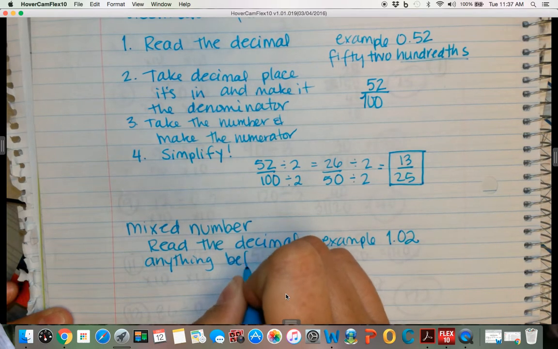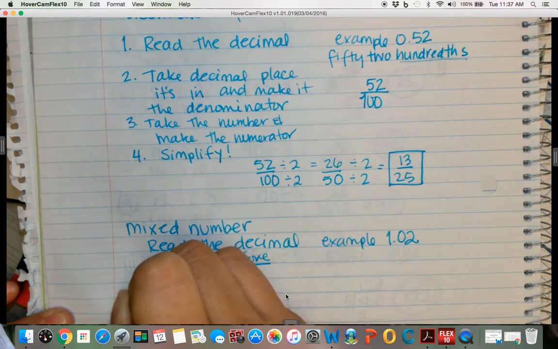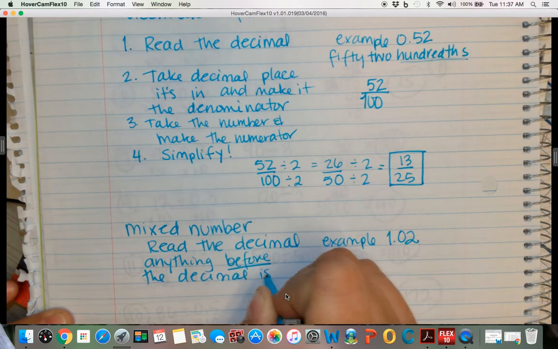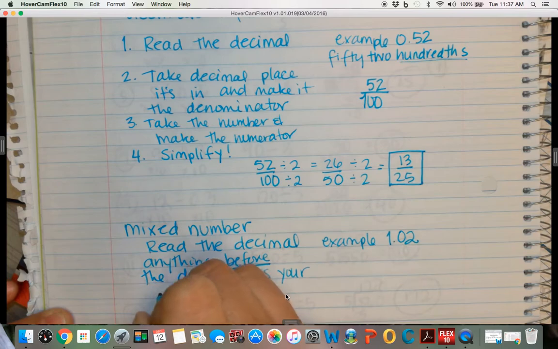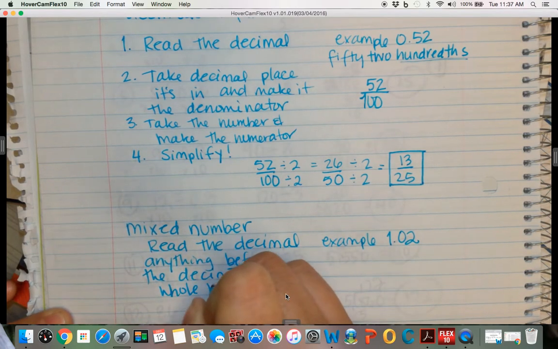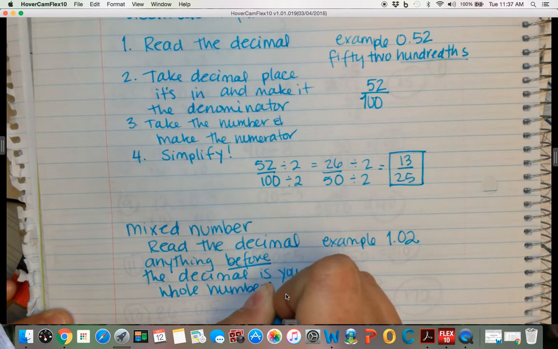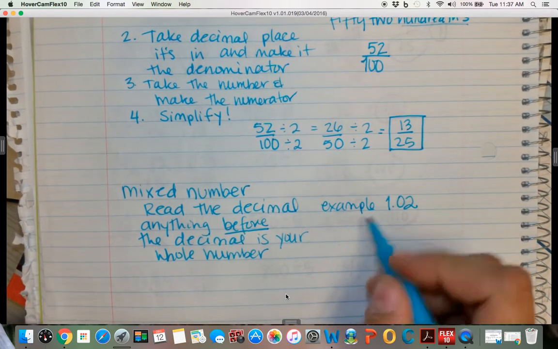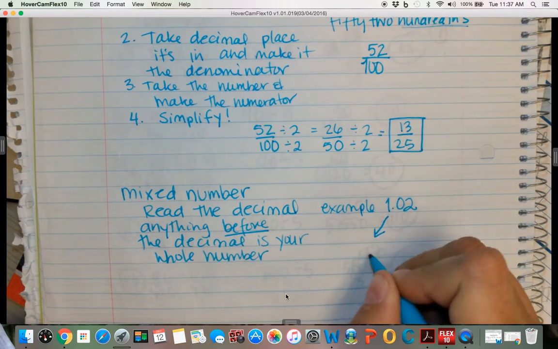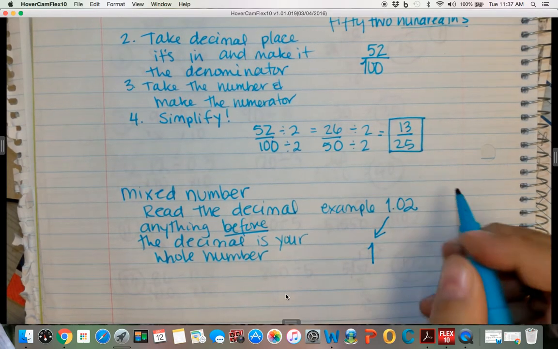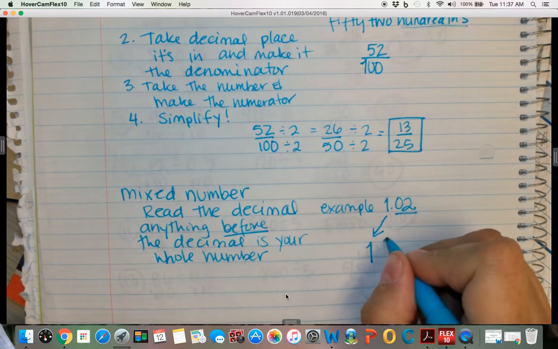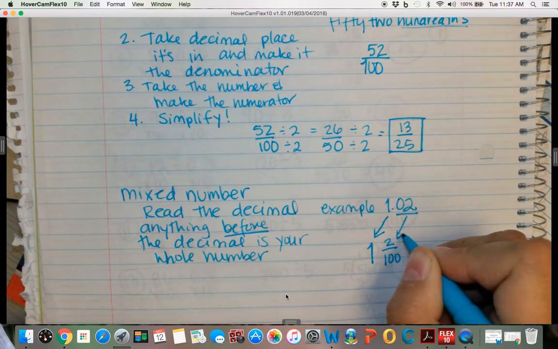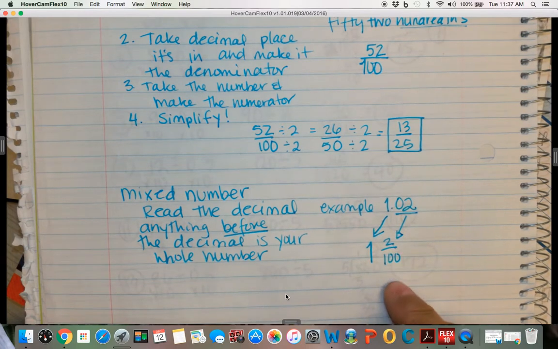Anything before the decimal is your whole number in the mixed number. So this is telling me that I have 1 whole and 2 hundredths. 1 whole and 2 hundredths.